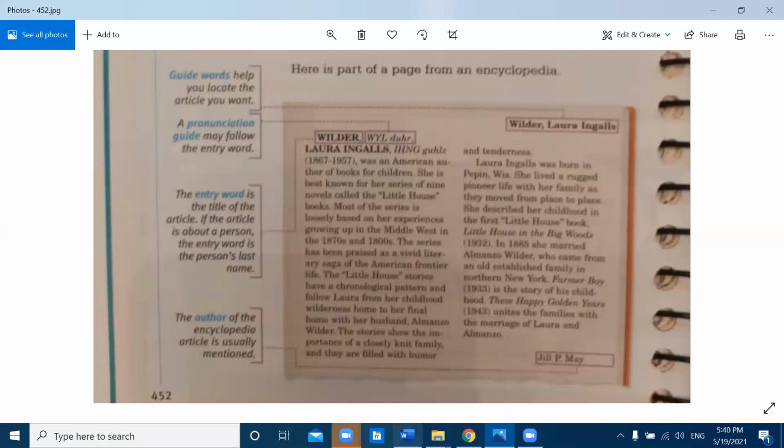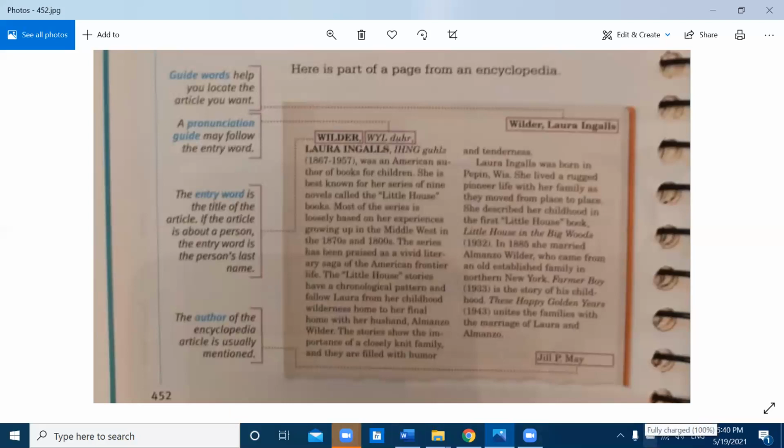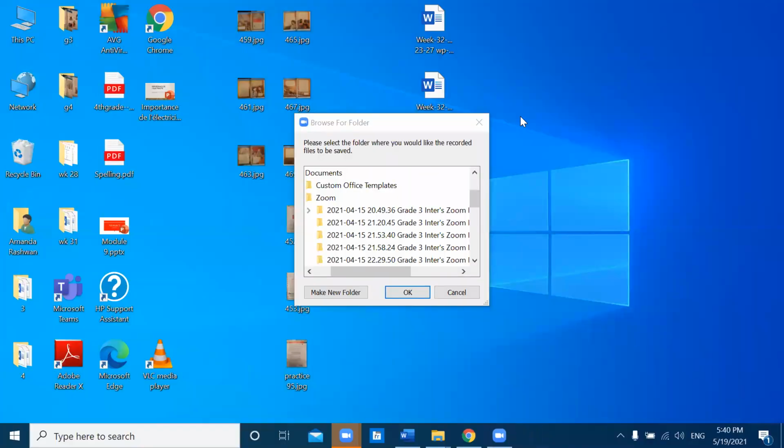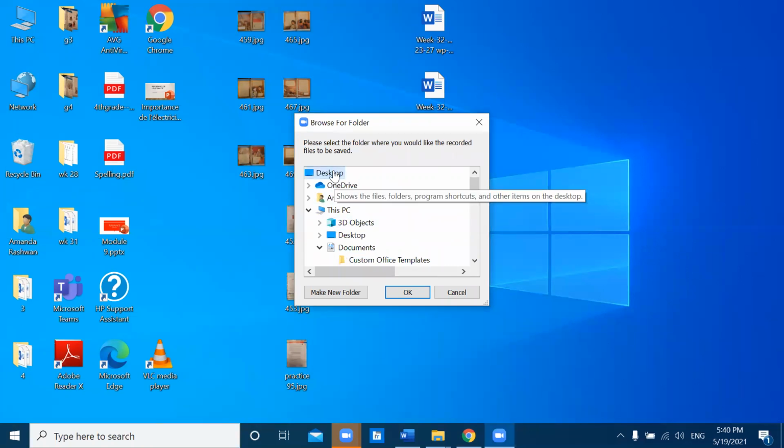Now, I did explain to the students today, I don't think that this is something you will use very often, but why do I think it's important for you to know? One of the reasons that I think it's really important for you to know what an encyclopedia is: you never know when you're going to hear the word again.